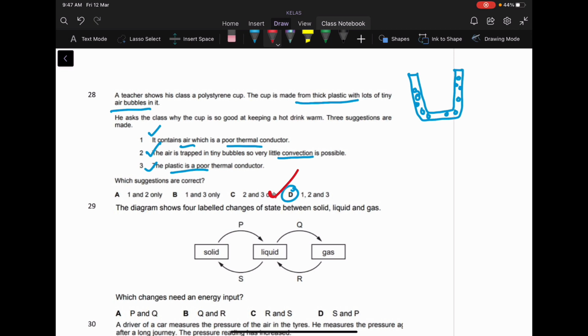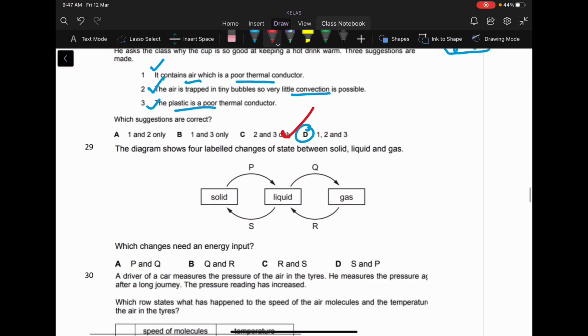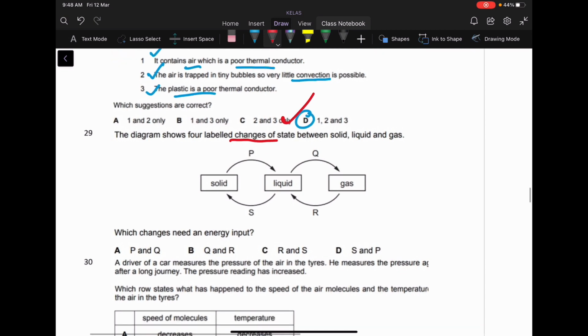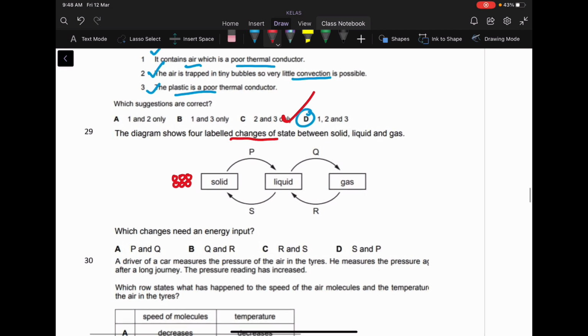The diagram shows 4 labeled changes of state between solid, liquid and gas: from solid to liquid P, liquid to gas Q, gas to liquid R, and liquid to solid S. Which changes need an energy input? You must understand this situation. P, solid becomes liquid. Solid is close together and has strong bonds. In order to break the bonds and become liquid, you need to provide heat. So heat is absorbed here.